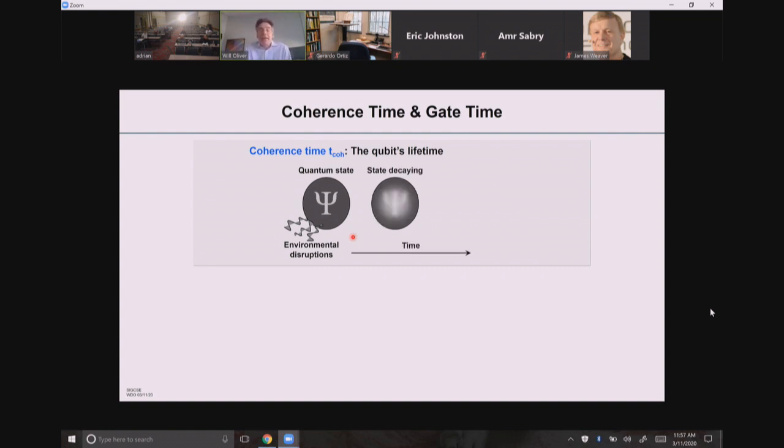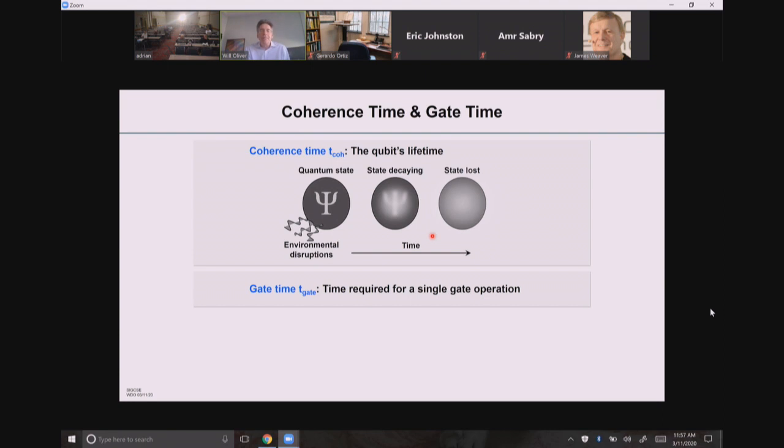And so over time, that state starts to blur and decay, and eventually it's completely lost. Now, the qubits are still there. It's just that the time evolution and where the qubit would end up at this time is completely unknown to us because of the interaction with the environment. And this time scale over which this happens is called the coherence time.